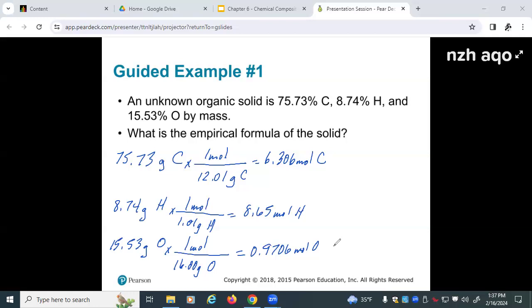So this is an important step because if I'm trying to compare things atom to atom, I can recognize that comparing things mole to mole does the same thing because moles describe the same amount of atoms regardless of element. Now, right now, I don't have anything that closely resembles whole numbers in any form or fashion.